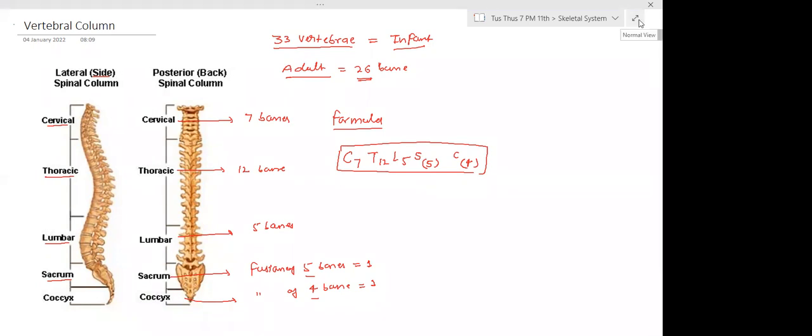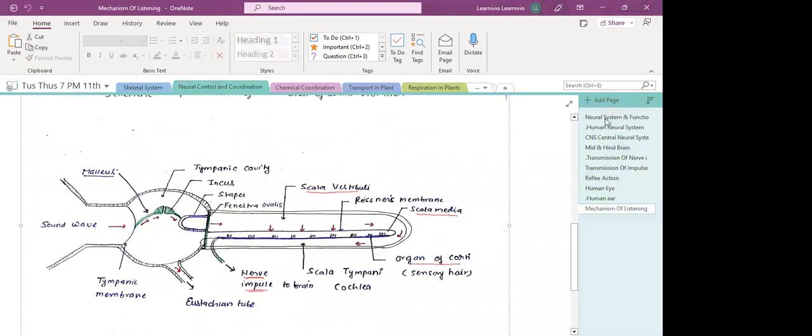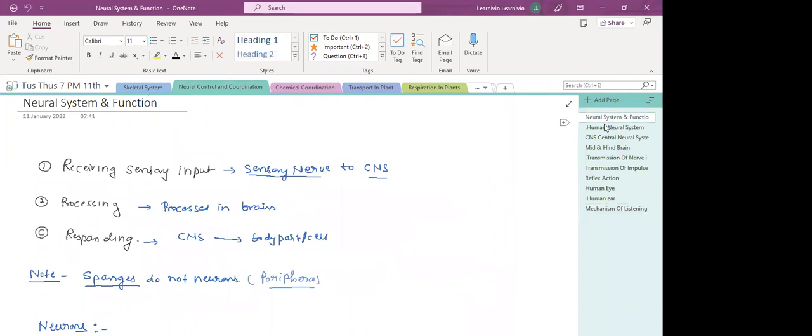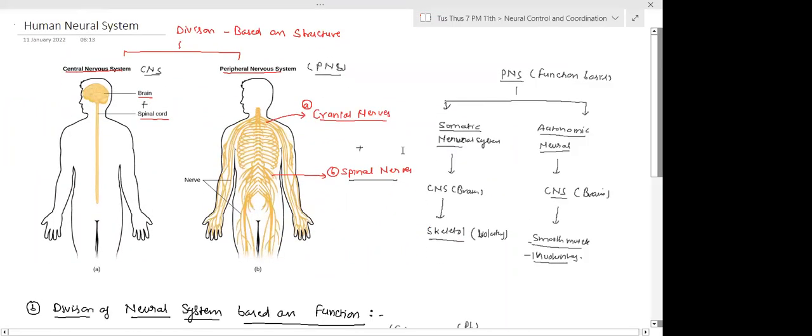Now come to our original part where we were. Now, division of human nervous system. Here we divided the nervous system in 2 parts, right?